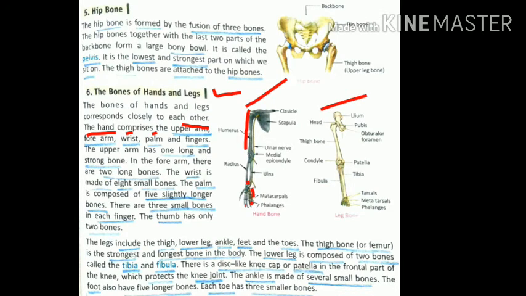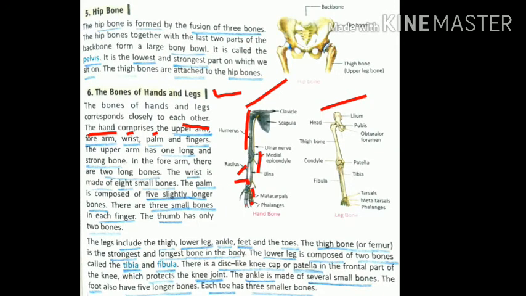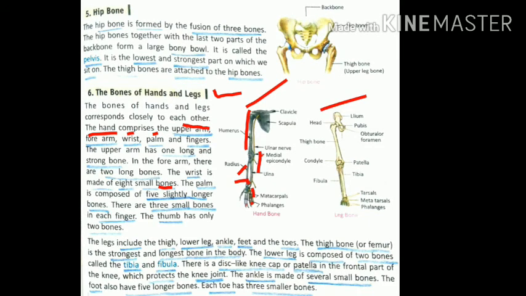In the forearm, here, there are two bones. Look at it, one is this, one is this. The wrist is made up of 8 small bones. Here 8 small bones are connected. Our palm is made up of 5 slightly longer bones. Each finger is made up of 3 bones, and the thumb has only 2 bones.